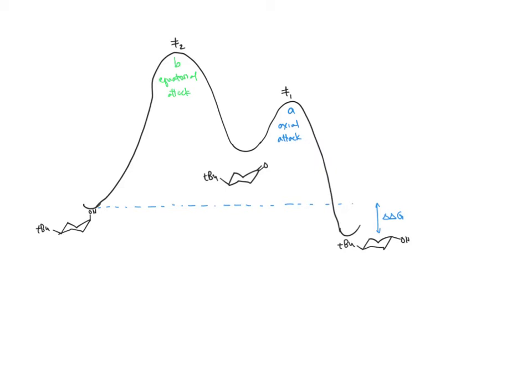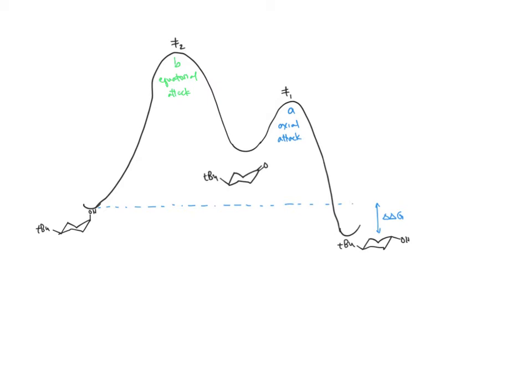Okay, and the equatorial attack would have to come from this face, and what would have to happen is as you approach that face of the molecule, you have to basically bisect those two hydrogens, and so there's some steric strain there that is occurring. And so this transition state is slightly higher in energy.